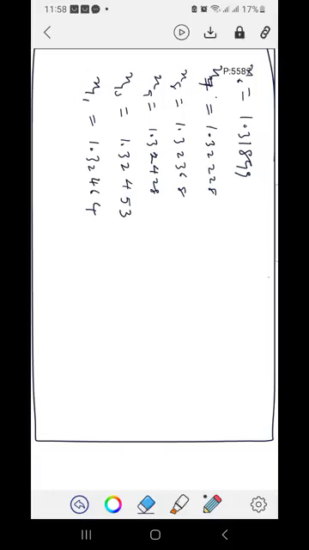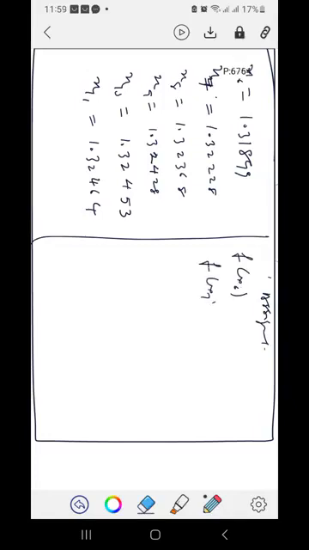I want you to show in this assignment: find f(x6), f(x7), f(x8), f(x9), f(x10), and f(x11).